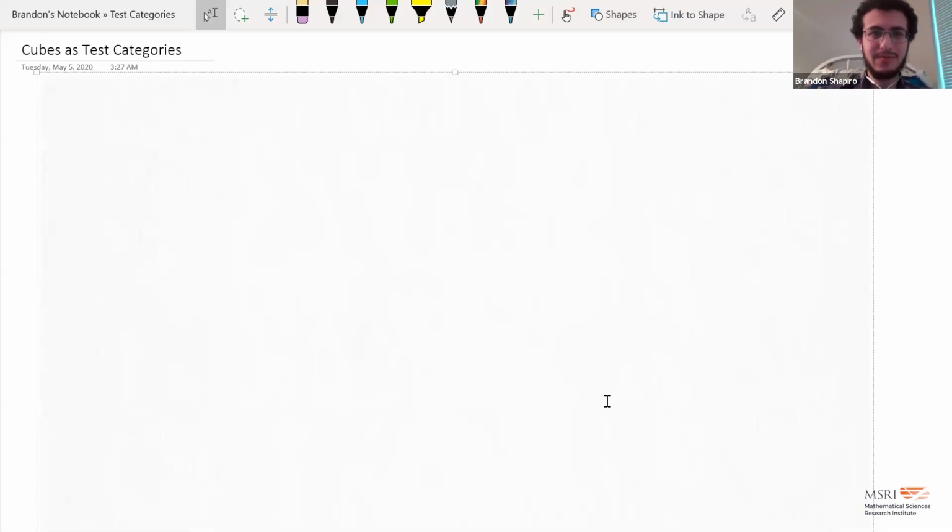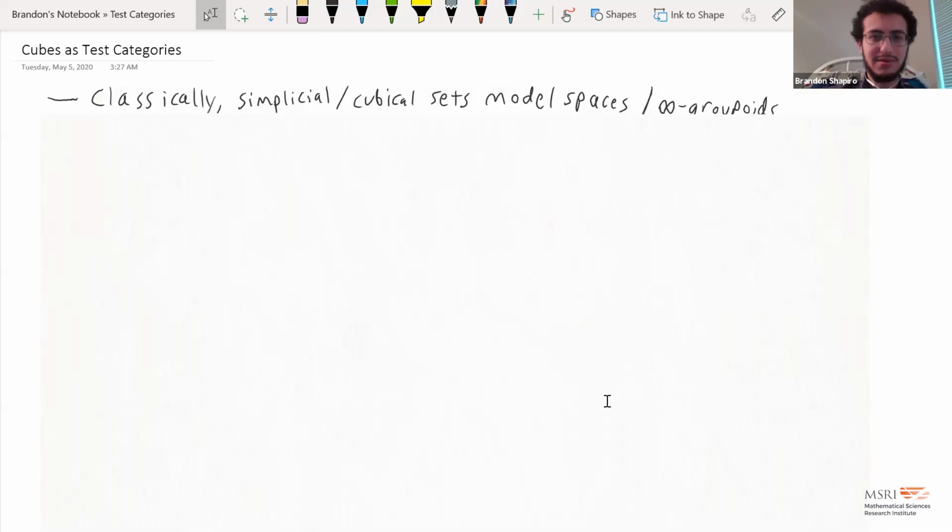So, today I'm going to talk about how the various cube categories we've considered are various forms of test categories. And I'm also going to tell you what that means. So classically, we use simplicial and cubical sets to give a convenient combinatorial model for spaces when we're doing homotopy theory.